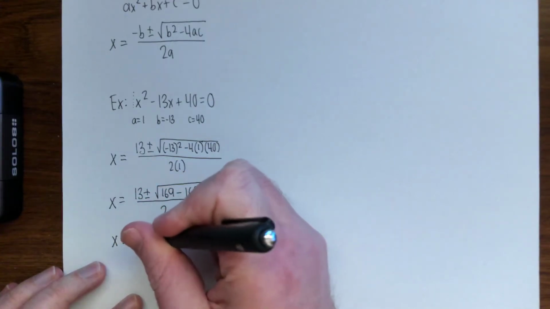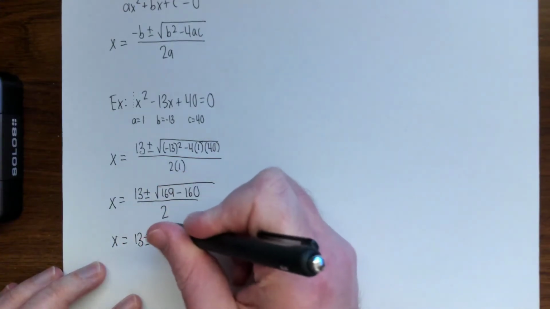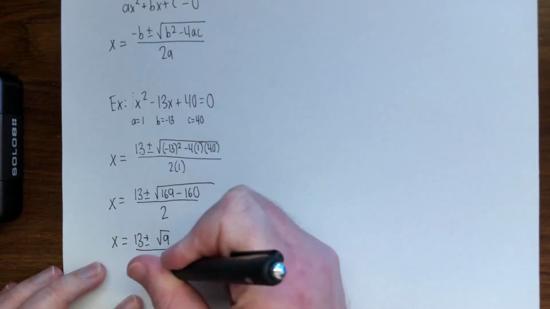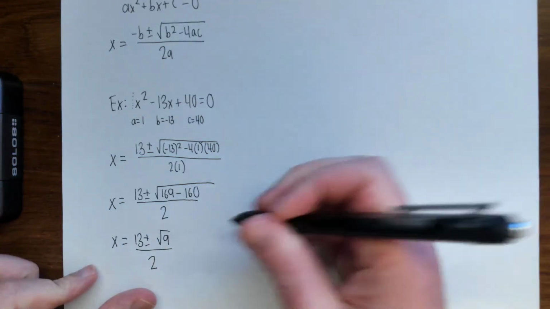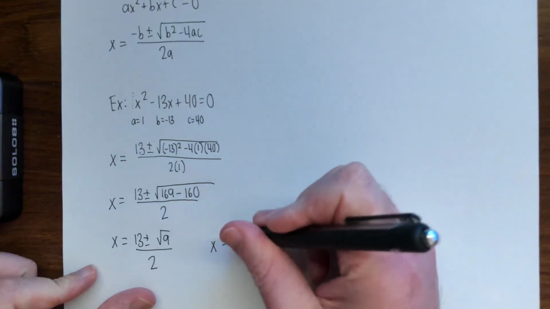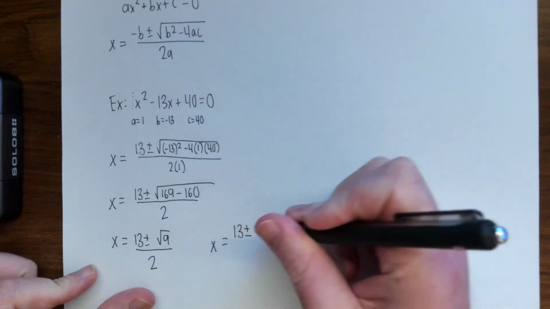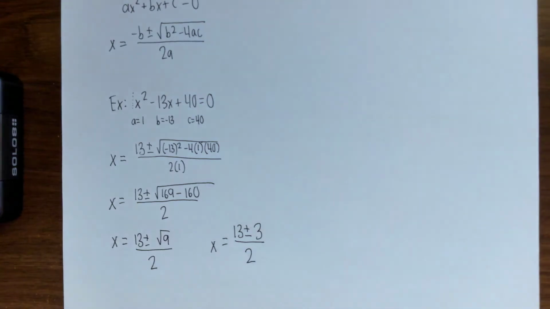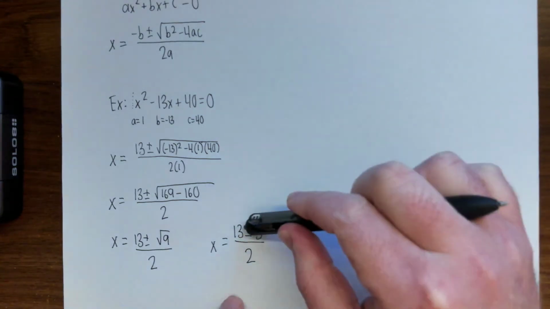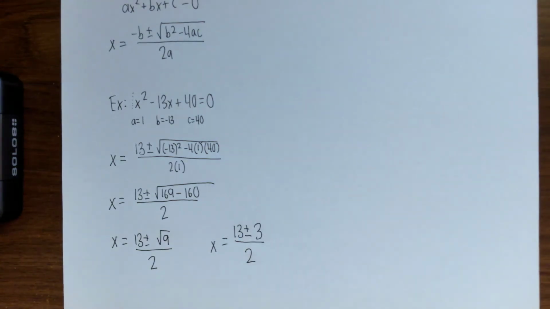It'll be 13 plus or minus the square root of 169 minus 160, which is 9, all over 2. There we go. Now we're really starting to see something here. The square root of 9 is 3. So our answer so far is 13 plus or minus 3 all over 2. This is as far as we can go without dealing with that plus or minus sign.